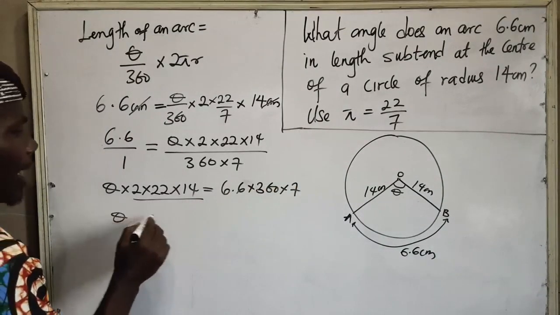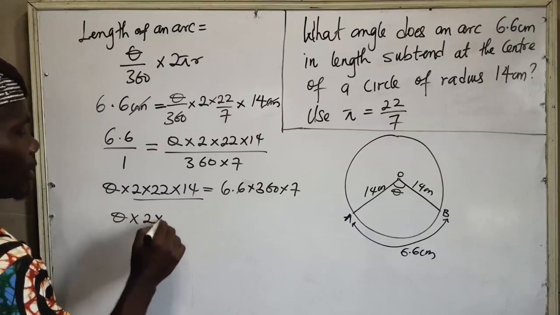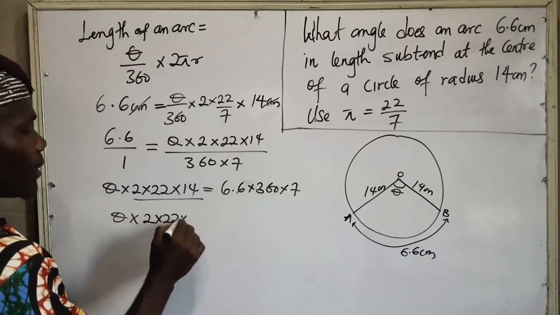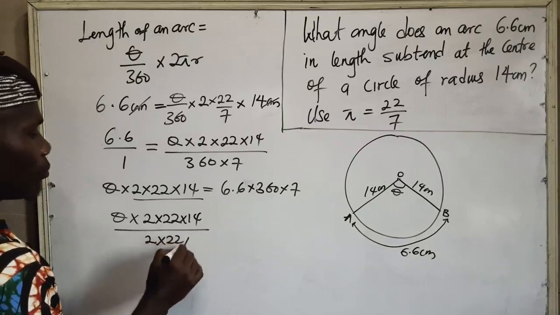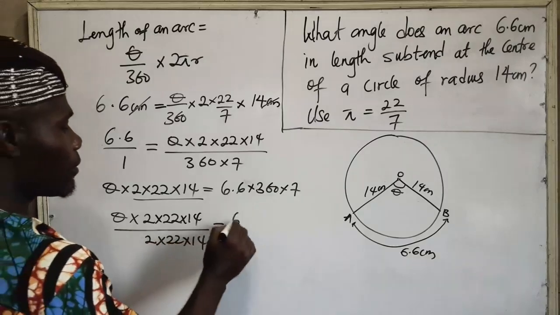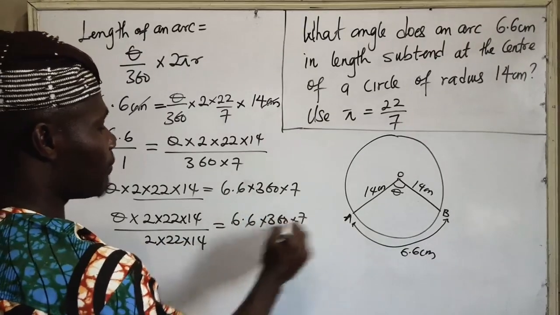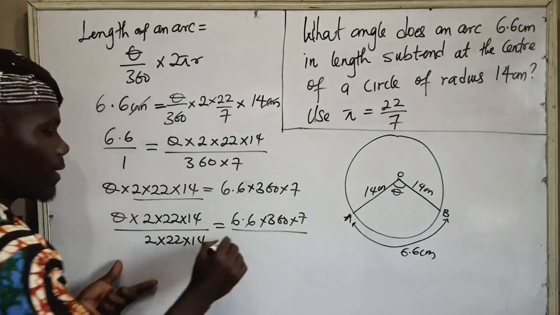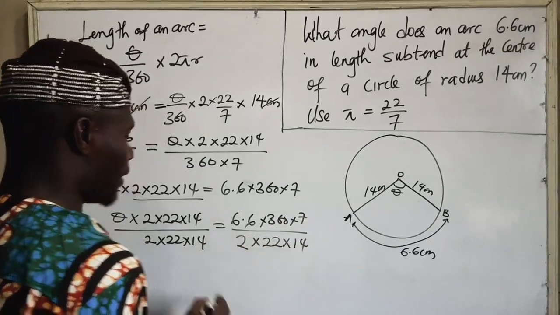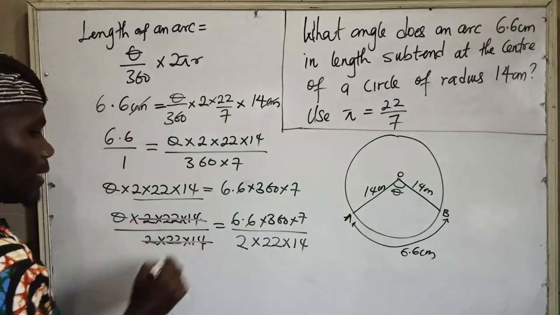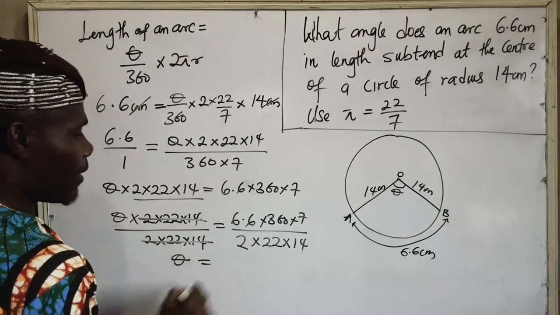We have theta times 2 times 22 times 14 divided by 2 times 22 times 14 is equal to 6.6 times 360 times 7 divided by 2 times 22 times 14. So all this will cancel this.